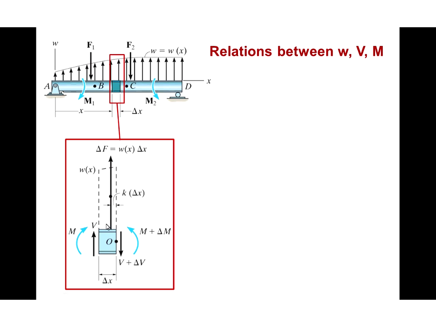In terms of the distributed loading, we've taken whatever the distributed loading function is and represented it by its equivalent force, which is just equal to the area of the distributed loading curve. For a small slice, that would be equal to w of x, which we can assume is approximately constant there, times the width of that section, delta x.